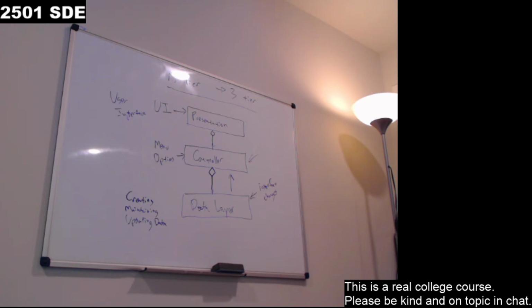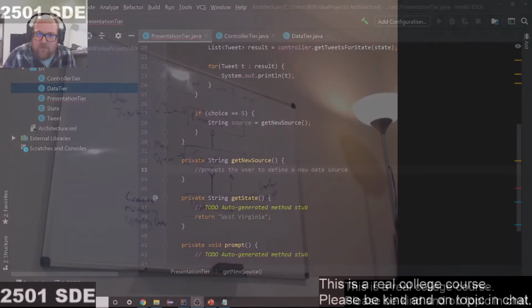This would be a function that prompts the user to define a new data source. Maybe that's a database. Oh, I am not screen sharing.